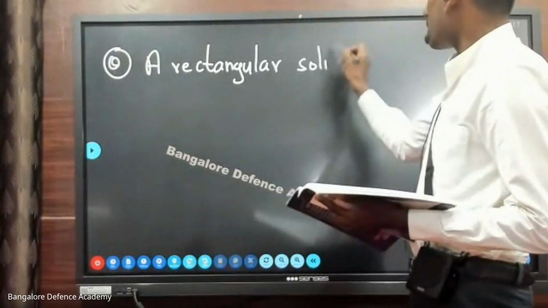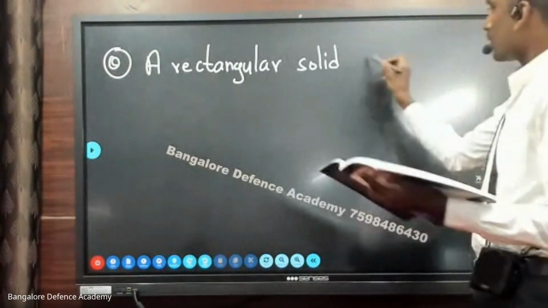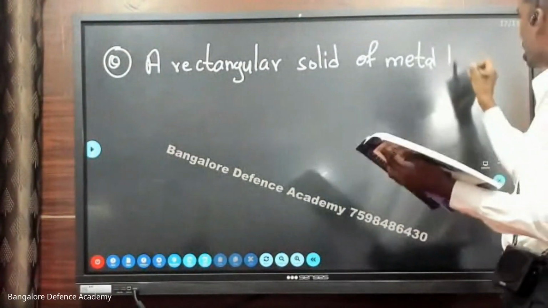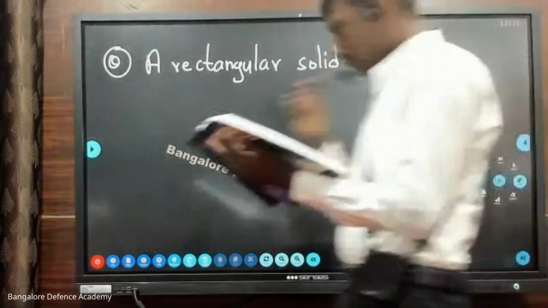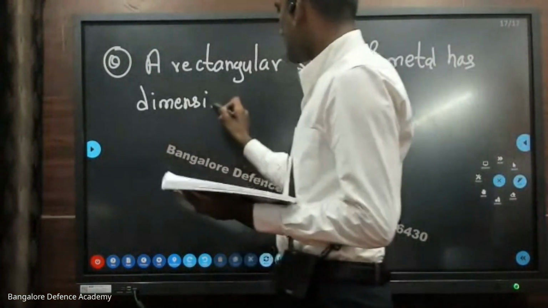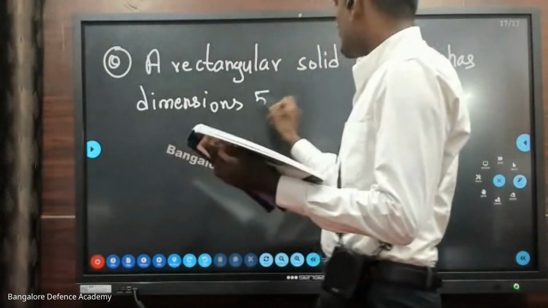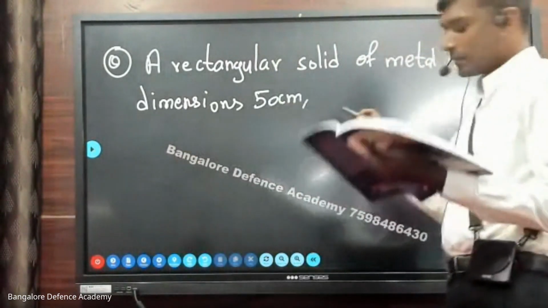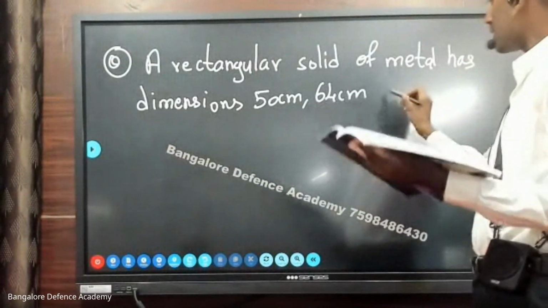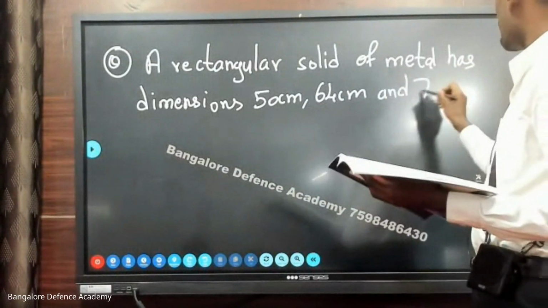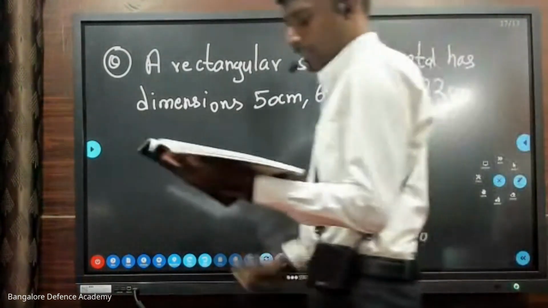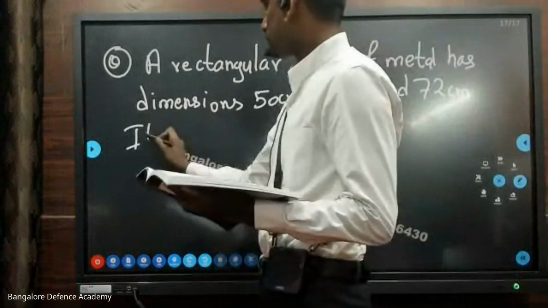A rectangular solid of metal has dimensions 50 centimeter, 64 centimeter and 72 centimeter.